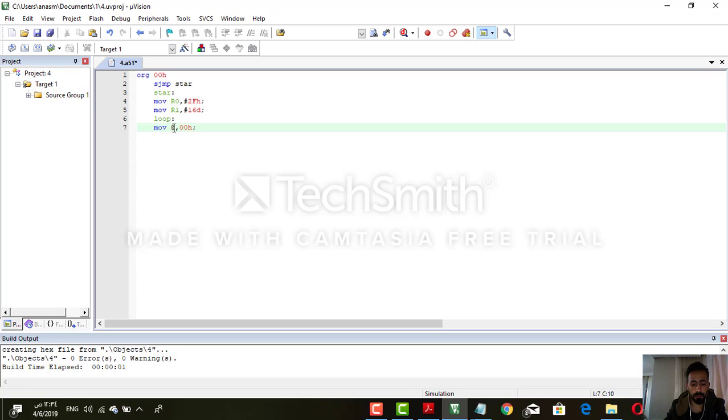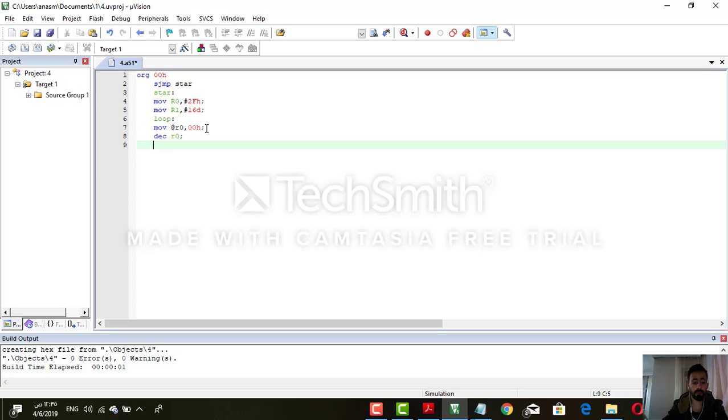So now the 2f hex is 0 after writing that, and we will decrement R0. It will be decreased 16 times.